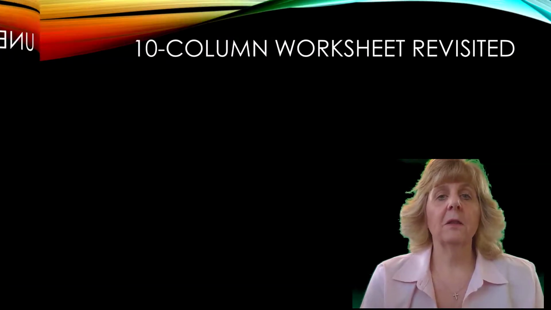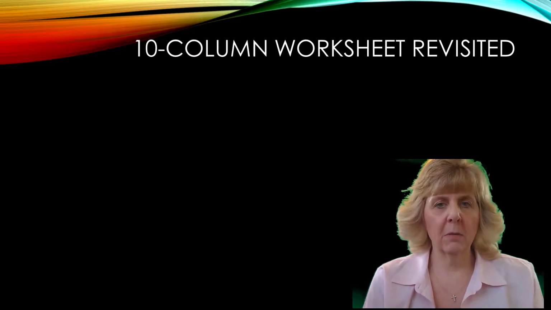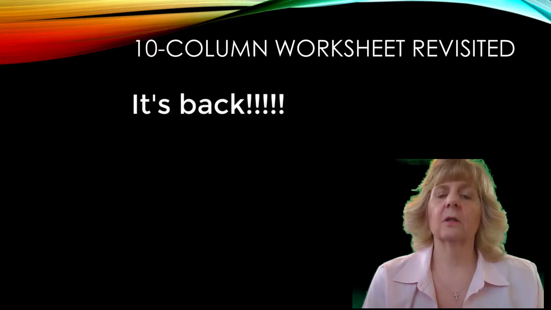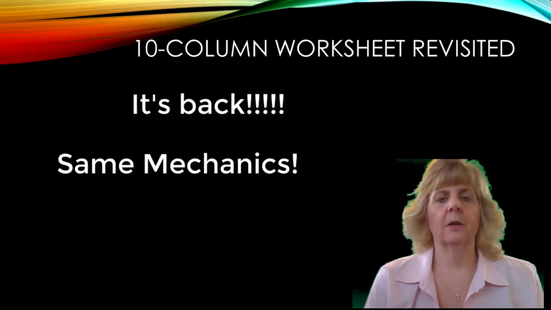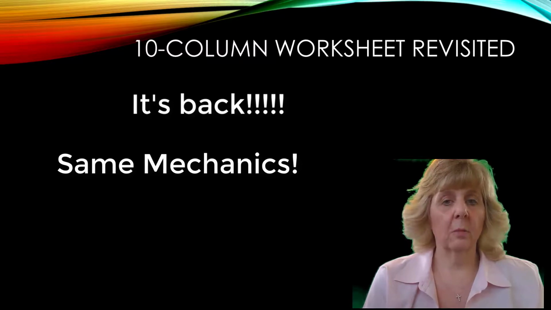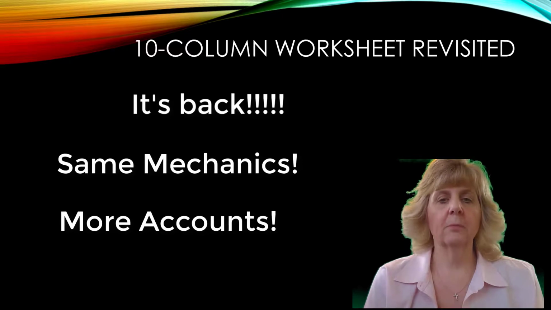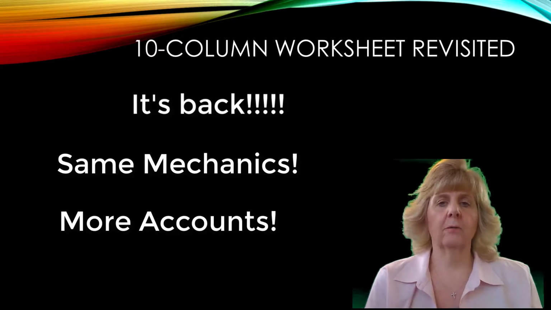I hate to be the bearer of bad news, but that 10-column worksheet's coming back with a vengeance this time. The mechanics are still the same, but you'll notice that there's a lot more accounts on it. The reason there's a lot more accounts is we've learned a lot since Chapter 5. Let's review what that worksheet is good for.